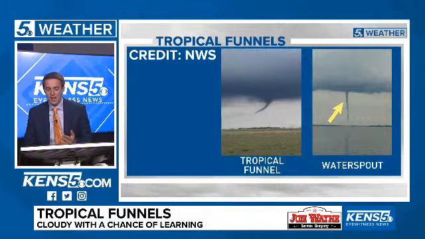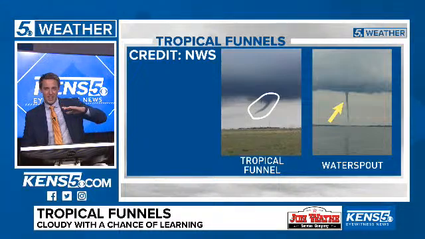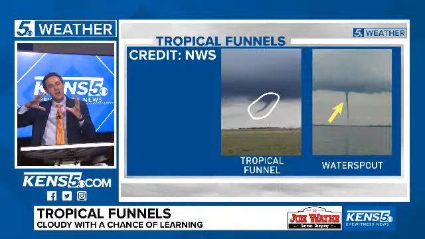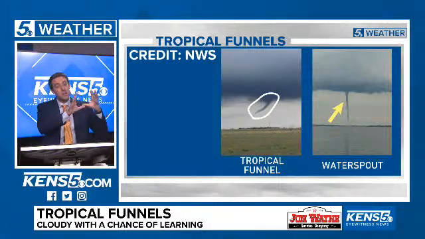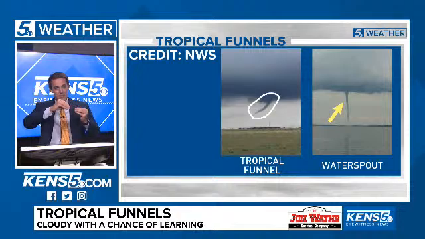Sometimes they're straight up and down like this. Other times they are a little more curvy like this one. This was likely the end of the life cycle for this tropical funnel. Once it starts to lean over to the side like that, that lets us know there may be a little bit of wind starting to push it. Sometimes it's not necessarily the wind, it just has to do with how the spin is going.